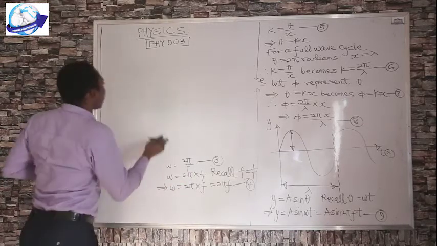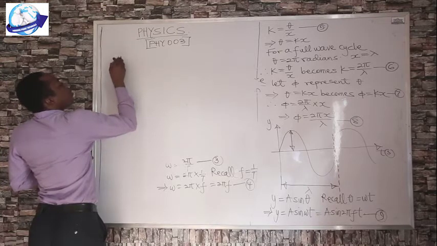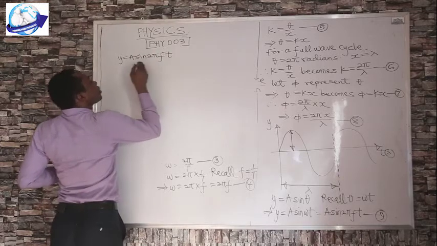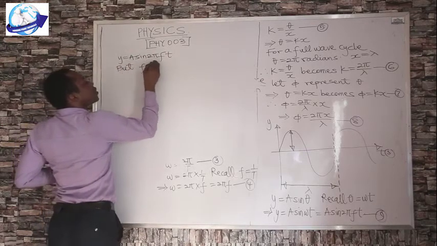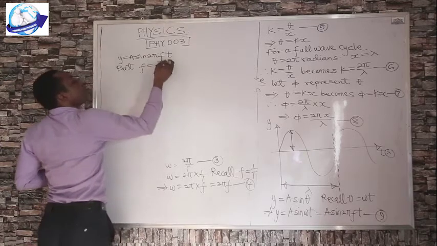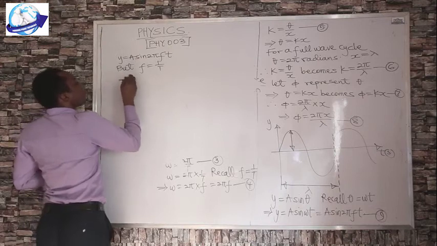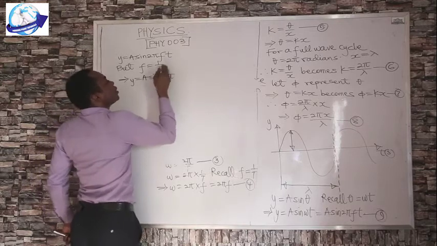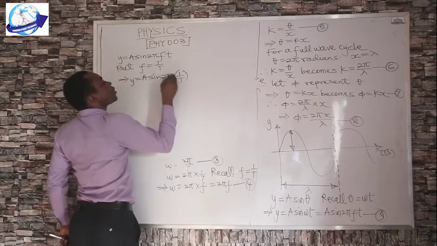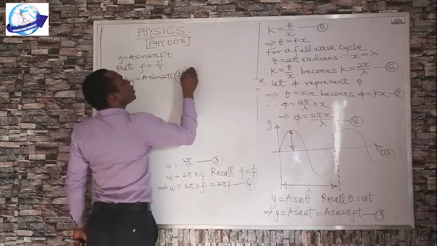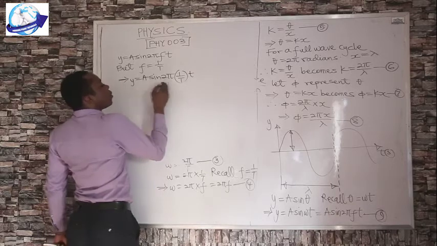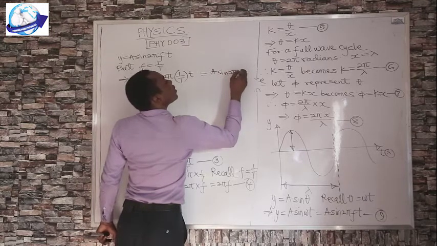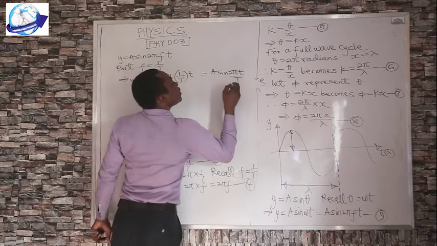From equation 9, we have y equals a sine 2 pi f t, but the frequency f is equal to 1 over T. When you put this in, you have y equals a sine 2 pi, with f replaced by 1 over T, and then the small t, so y equals a sine 2 pi small t all over the capital T, that's the period.